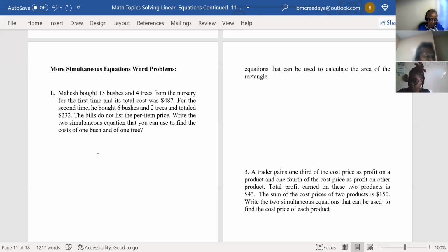B for bushes and T for trees. Anybody got an answer?